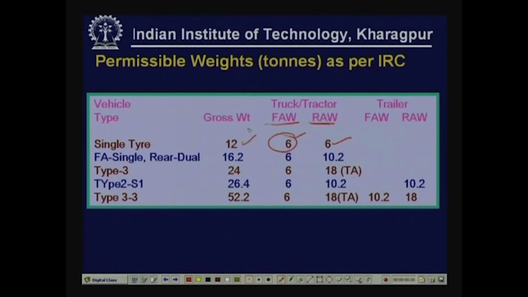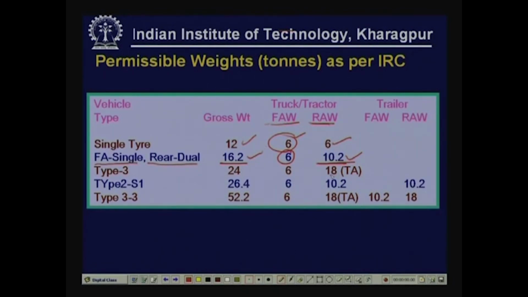But if a truck has again 2 axles, but front axle being single wheel axle, rear axle having dual wheel sets, then the front axle maximum weight that can be put on this is 6 tons. Rear axle, if you have a dual wheel sets on either side, permissible limit is 10.2 ton, then that particular vehicle can have a total of 16.2 ton as permissible total gross weight.